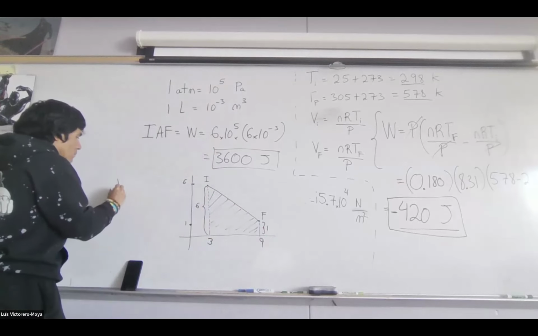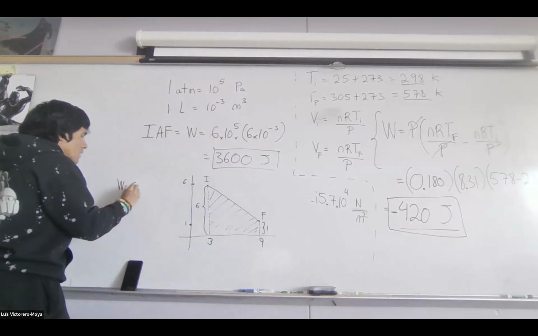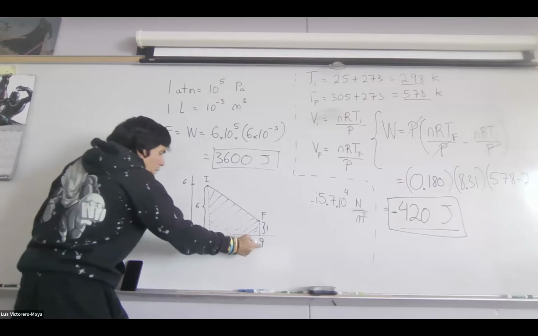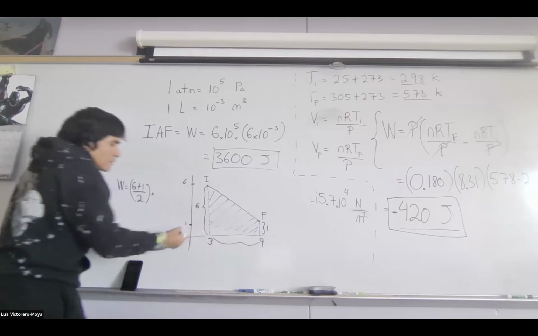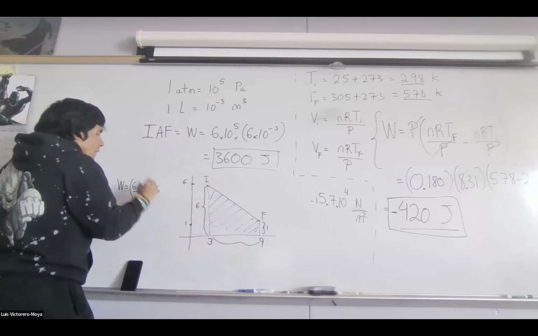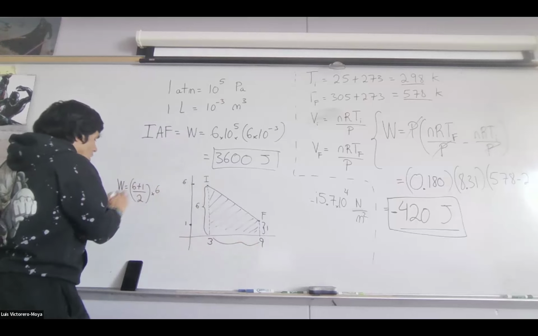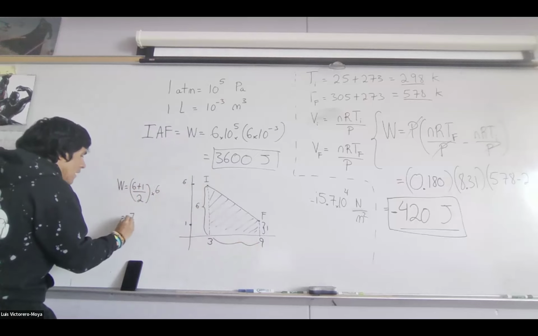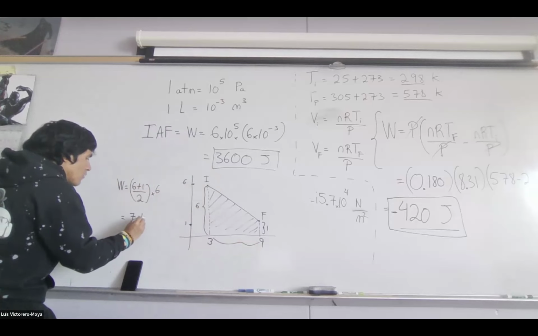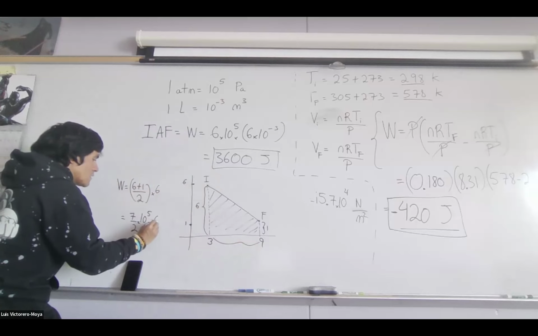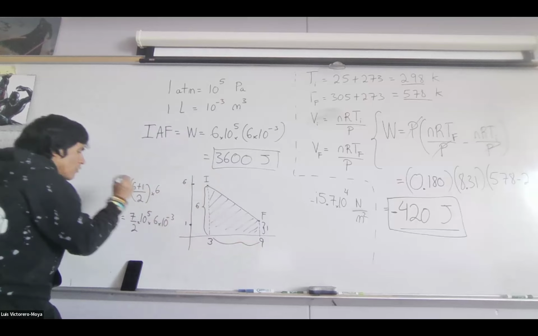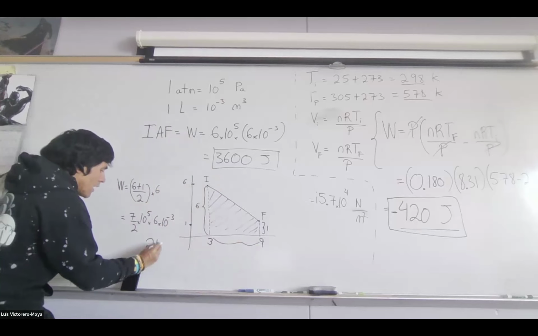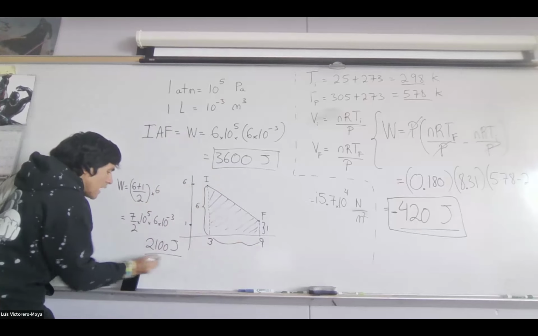So the work will be 6 plus 1 divided by 2 multiplied by this, the height. It's a trapezoid. That's also 6. But hey, units, right? So let's write this again. This is in atmospheres. So this is 7/2 times 10 to the 5 times 6 times 10 to the negative 3. That's 2,100 joules. That's the work.